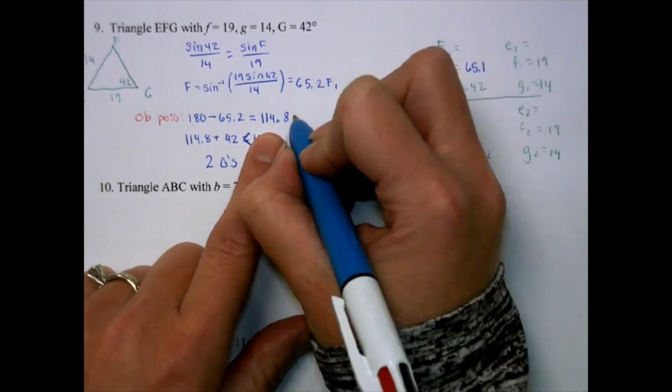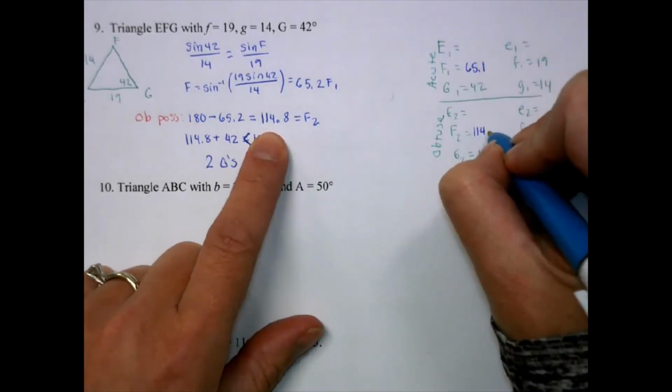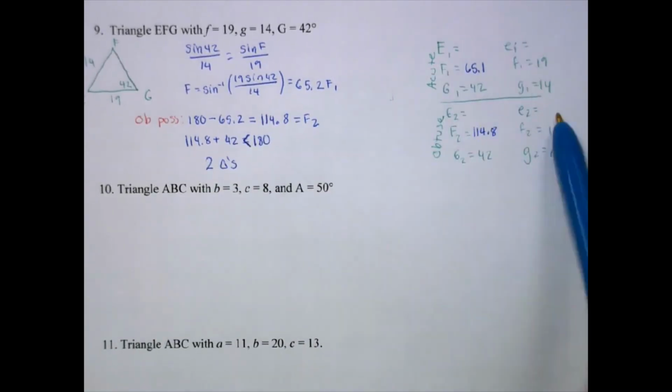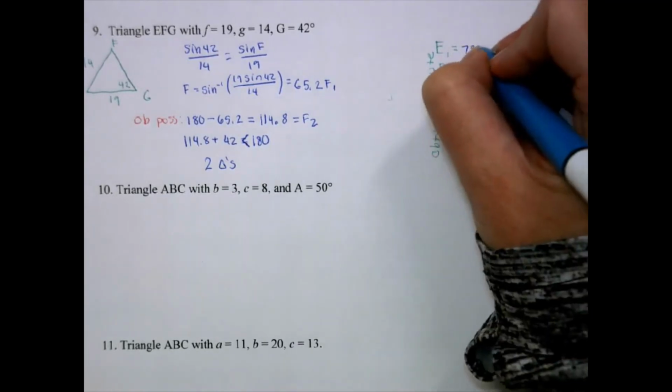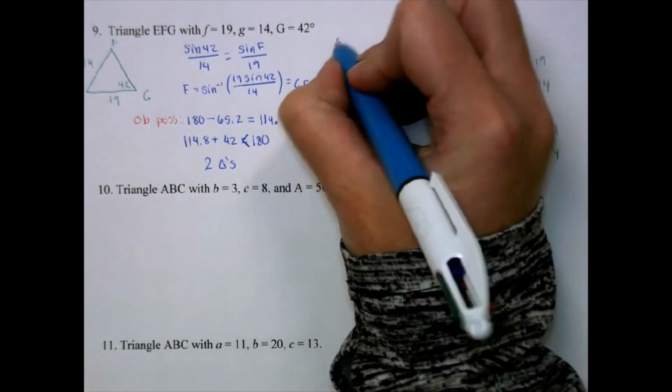So this is F1, this is F2. So we just need to find the third angle and third side here, third angle and third side here. Third angle here, when we subtract from 180, is going to be 72.8, and then I'll do the law of sines to find that.